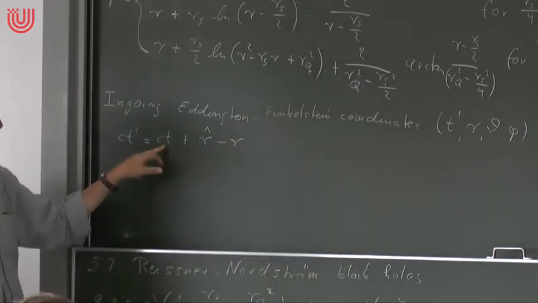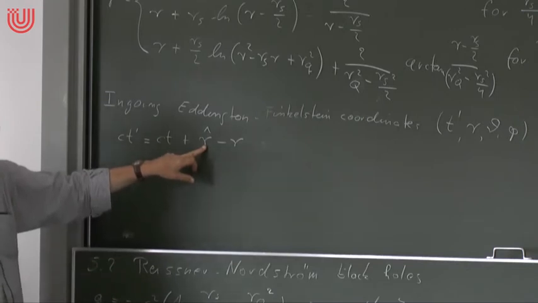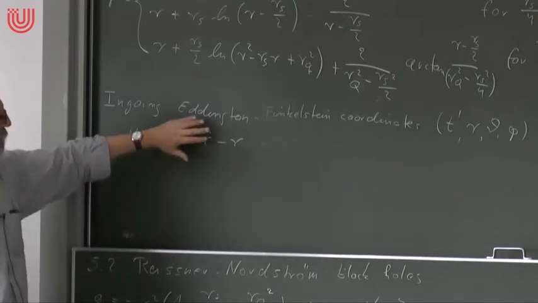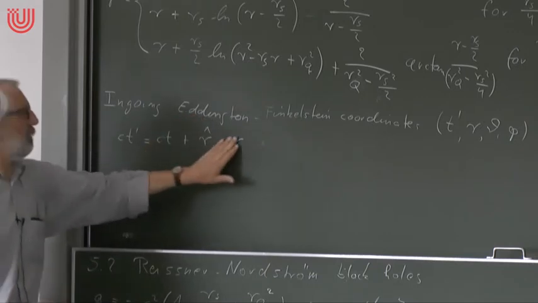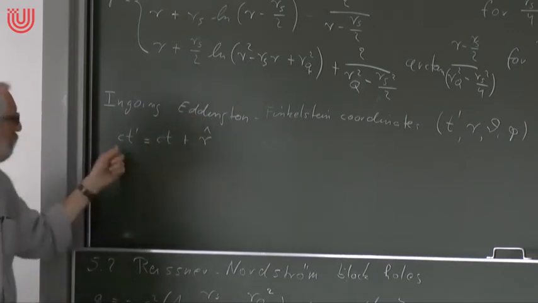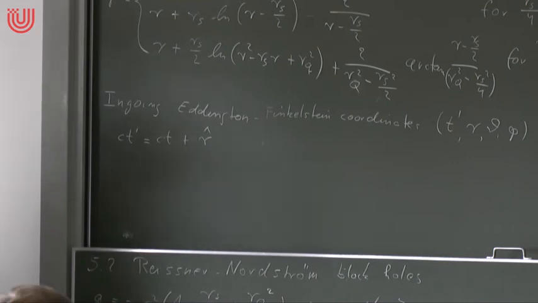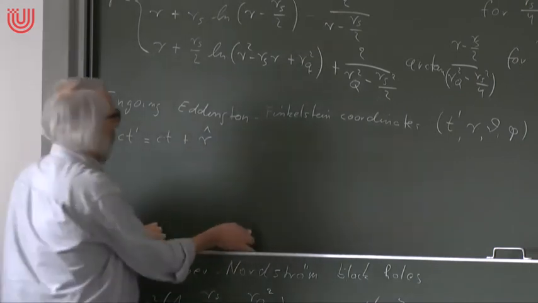If plus ct is equal to r hat, these are the ingoing radial light rays. Then I have ct prime as minus r. Sorry, I do two steps in one. So this is a coordinate transformation.